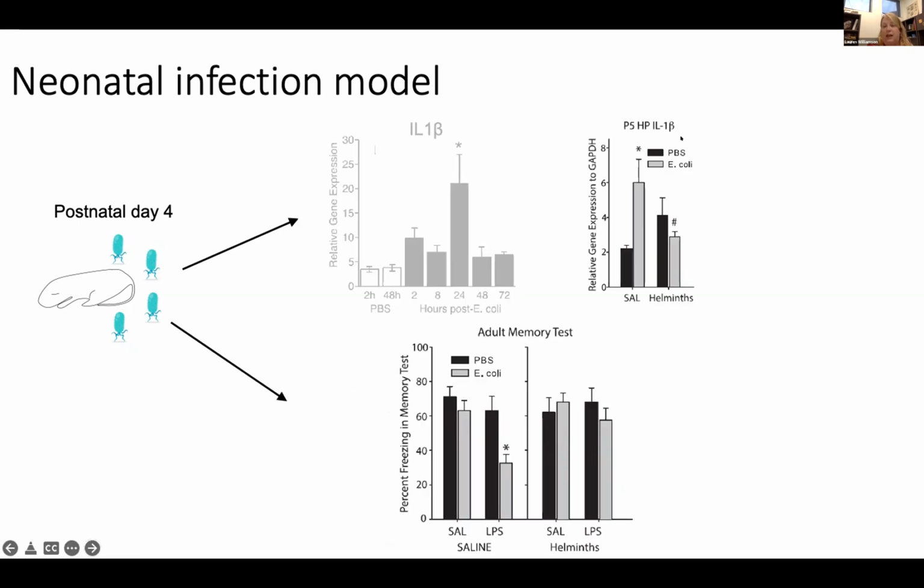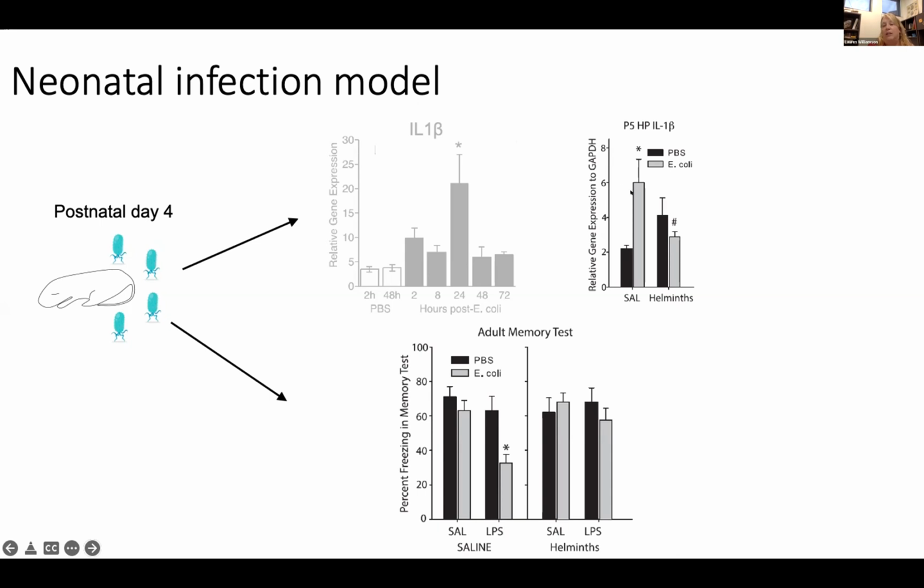Follow-up work tells us that if we give mom helminths, here in this upper graph, we're looking at relative gene expression, and on the y-axis, we're looking at mom treatment. So mom either got saline, just a control, or she got 4 helminth larvae, 4 tapeworm larvae, 3 weeks before she even conceived pups. These treatments are related to the pup treatment, what the pups got on P4, and then we euthanize them on P5.